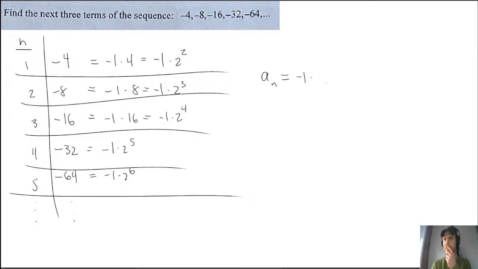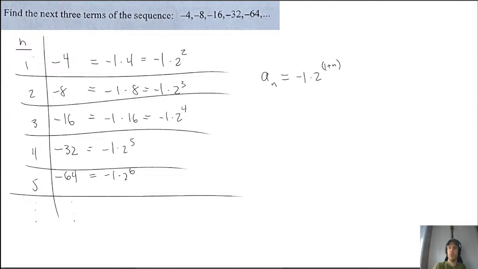We want this to be -1 times 2 to the power, starting off with 2, so it'd be 1 plus n. So if you plug in 1, it's going to be 2. If you plug in 2, it'll be 3.